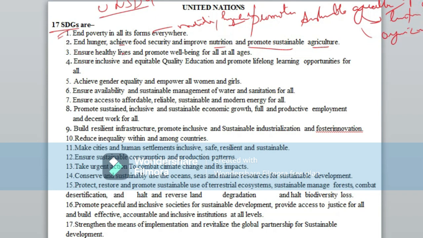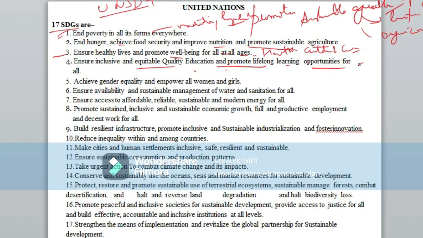Third is ensuring healthy life and promoting well-being for all at all ages. Ensuring healthy life means the health parameters of children and women at different levels should be preserved. Fourth ensures inclusive and equitable quality education and promotes lifelong learning opportunities for all.